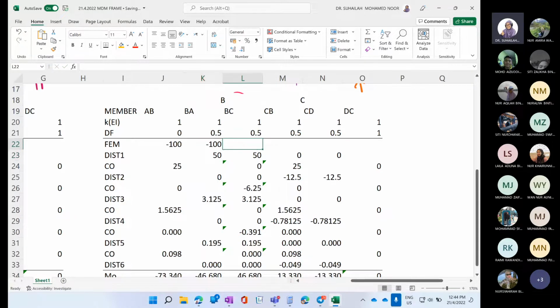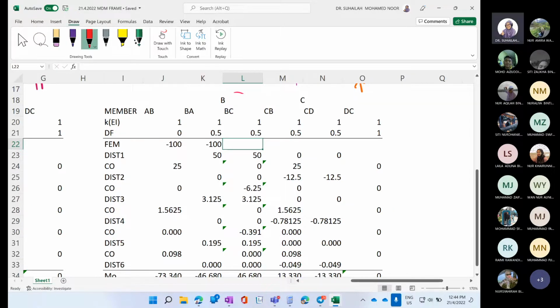And then we don't have FEM for the beam, because for the beam as a horizontal member, BC and CB, the shear force is in the vertical direction.